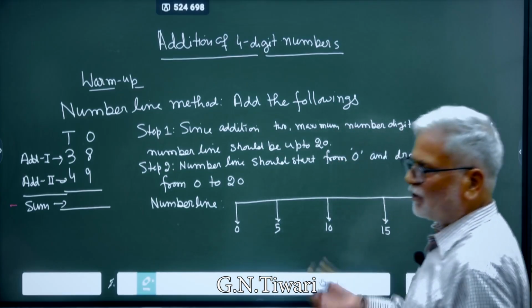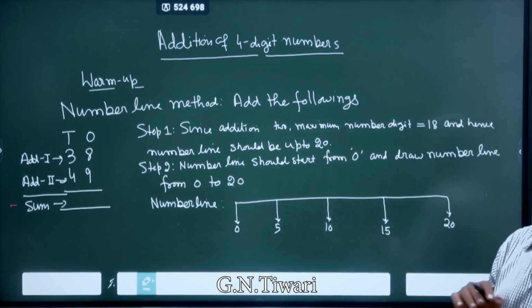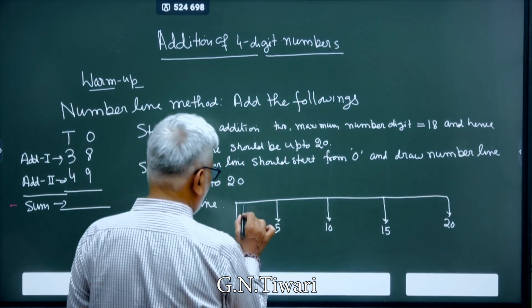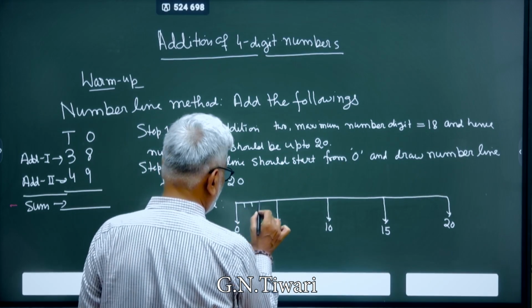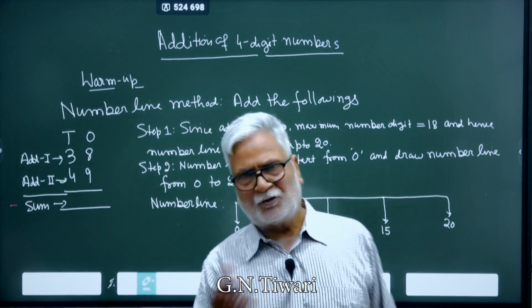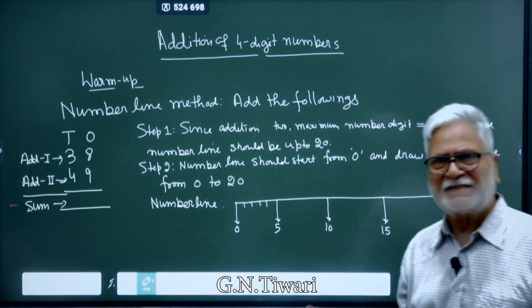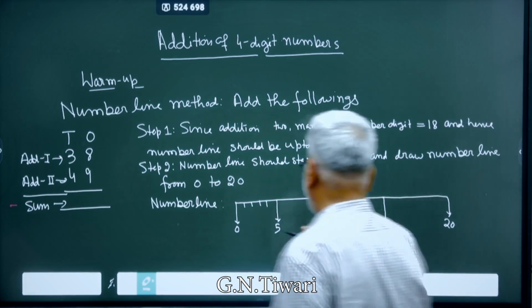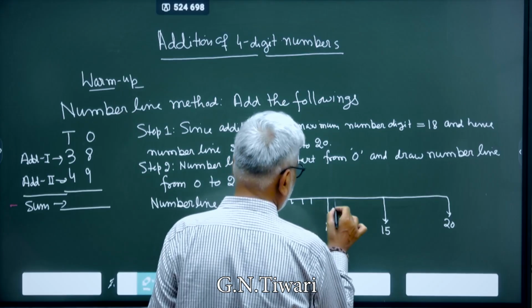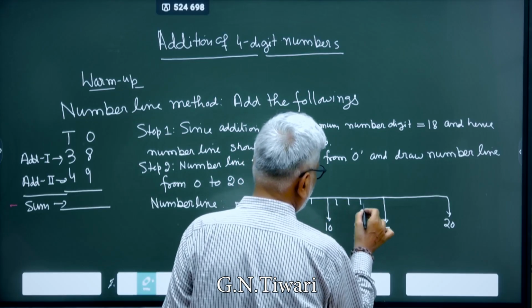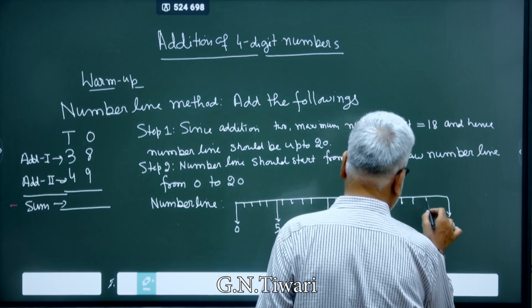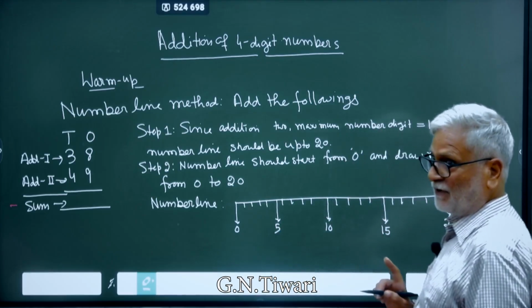This might have been taught in class 1 and class 2. Just divide this into 4 parts: 1, 2, 3, 4. If they are using a scale, it will be equal distance, but if they are not using a scale, it doesn't matter. Follow the same thing which I am following.